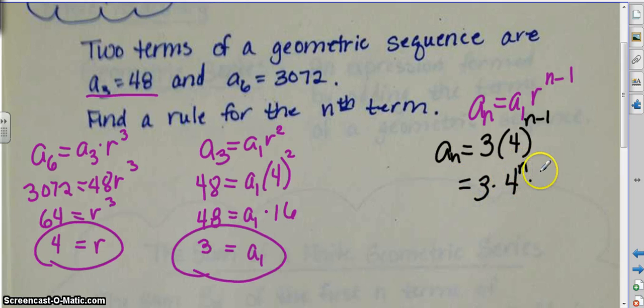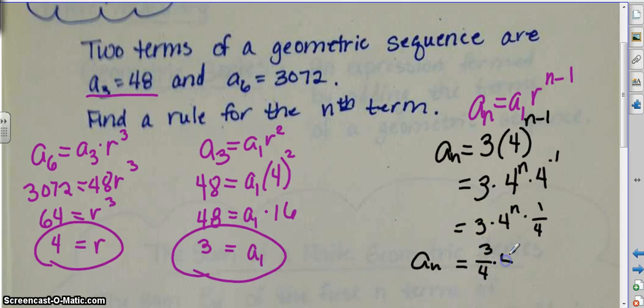That's 4 to the n times 4 to the negative 1, because when I multiply with the same base, I add exponents. So this is 3 times 4 to the n times 1 over 4. The negative exponent here means do the reciprocal. So a sub n is equal to 3/4 times 4 raised to the nth power.